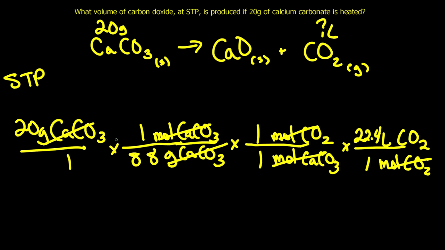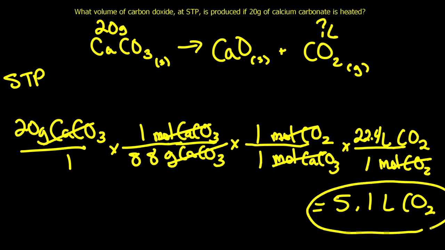So 20 times 1 divided by 88. I get 0.227 times 1 divided by 1 times 22.4 divided by 1. And we get 5.1 liters of CO2. And there's that answer.